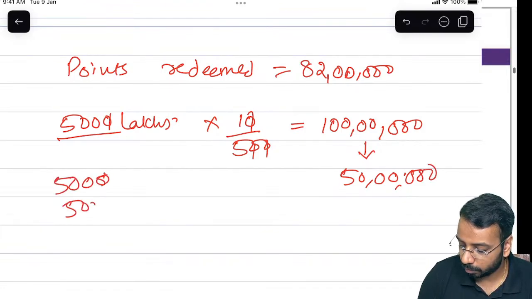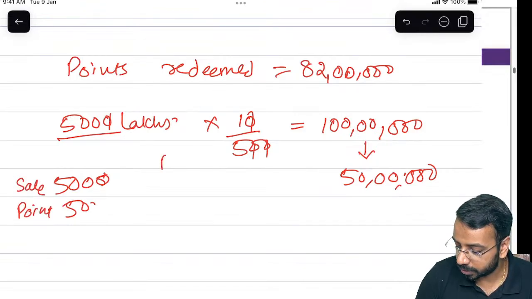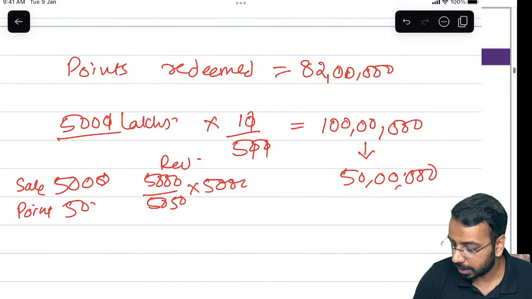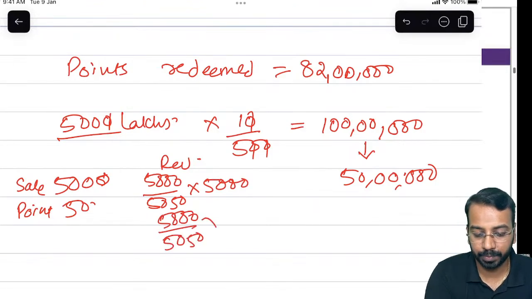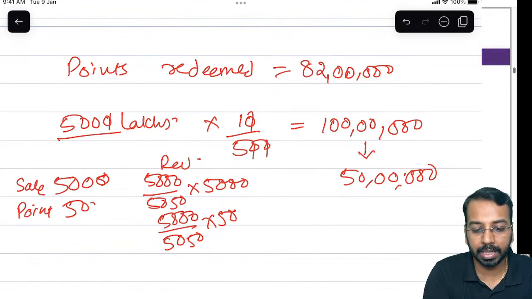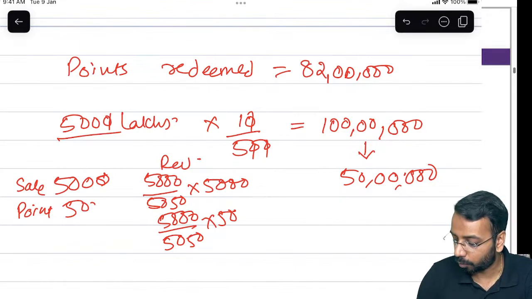Sale and points. How much should be the revenue? 5,000 out of 5,050 into 5,000, and 5,000 out of 5,050 into 50. So 5,000 divided by 5,050 into 5,000, you have 4950.49.